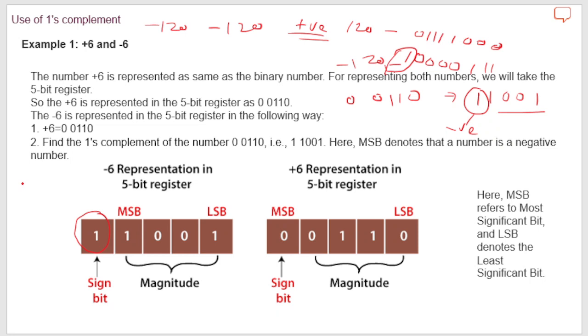If we say plus 3, plus 3 is 1 1, so we'll add one more bit for the positive sign, 0. If we take the 1's complement of it, then it is 1 0 0. So one extra bit needs to be added.